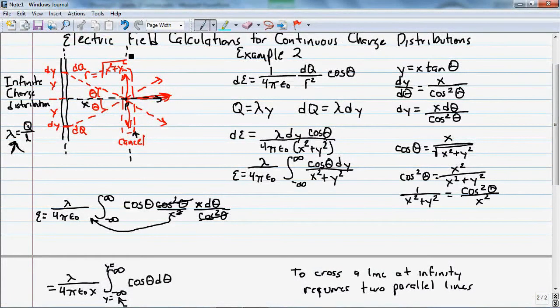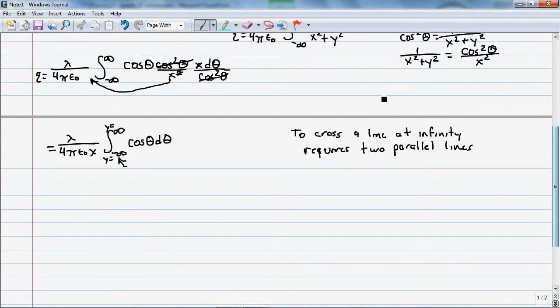And so this angle is going to be from negative pi over 2 to pi over 2, and that would be cosine theta d theta.